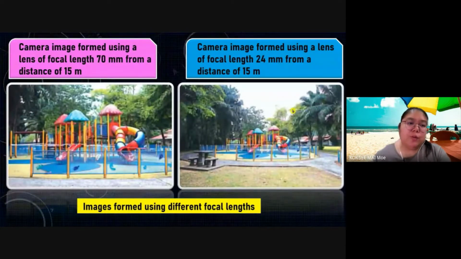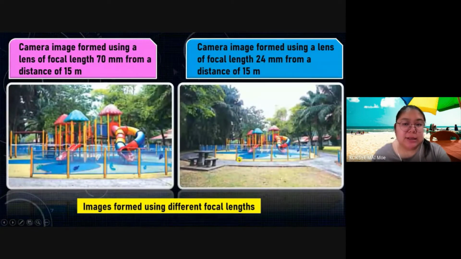So when the focal length becomes longer, 70 mm, you find your image becomes bigger, but the area becomes less. So the conclusion: when the focal length becomes longer, the image is big, large. When the focal length becomes shorter, the image becomes smaller.